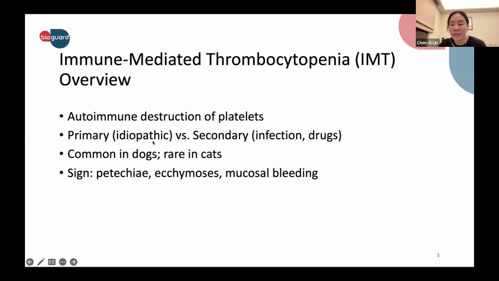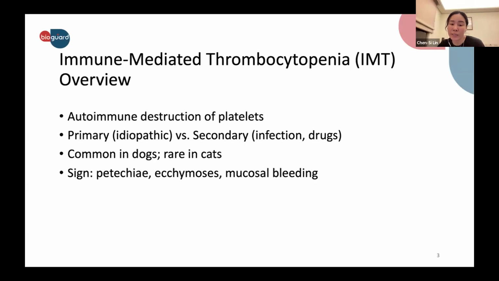For secondary ITP, which is what we usually find in the clinical setting, it follows some specific triggers, including infection. The infections we most often see in canine cases are Ehrlichia and Anaplasma infection.